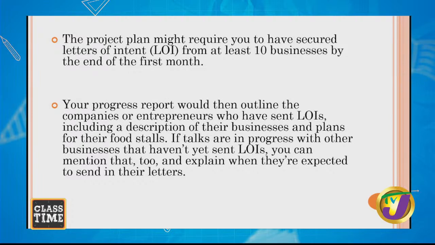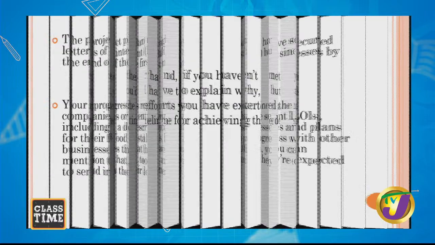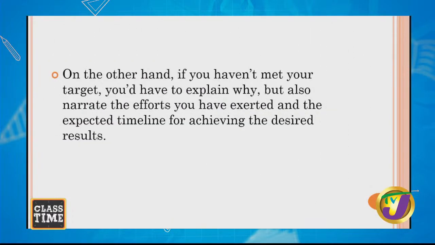If talks are in progress with other businesses that haven't yet sent letters of intent, you can mention that and explain when they're expected to send in their letters. On the other hand, if you haven't met your target, you have to explain why, but also narrate the efforts you have exerted and the expected timeline for achieving the desired results.